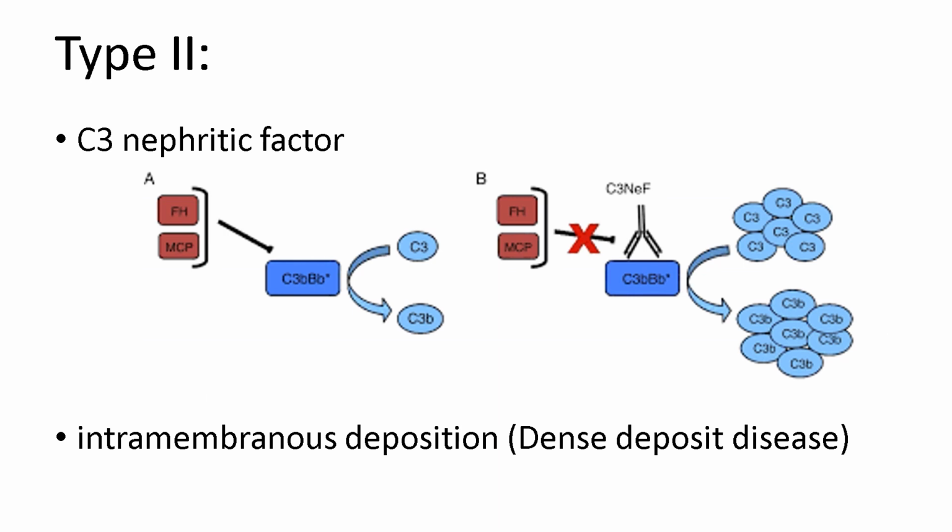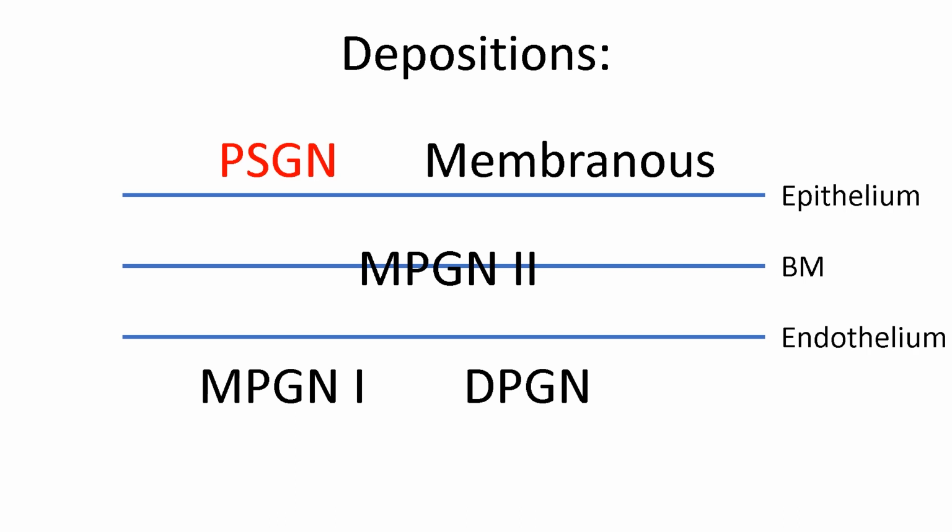So, finally, let's discuss the depositions. So, they are all subepithelial or subendothelial or intramembranous. Discussing the subendothelial, anything that has PGN, okay, proliferative glomerulonephritis, then it is subendothelial. So MPGN type 1, DPGN are subendothelial.